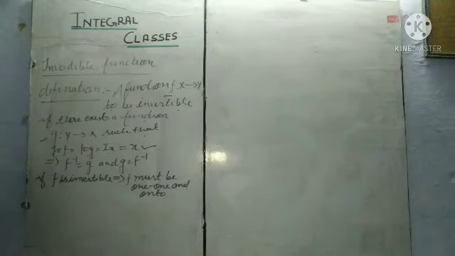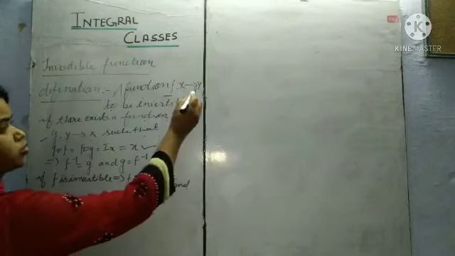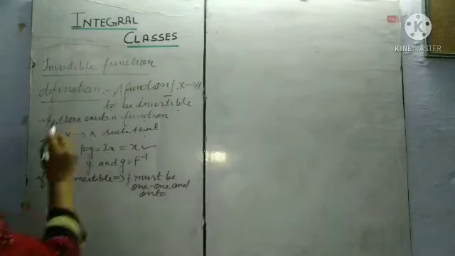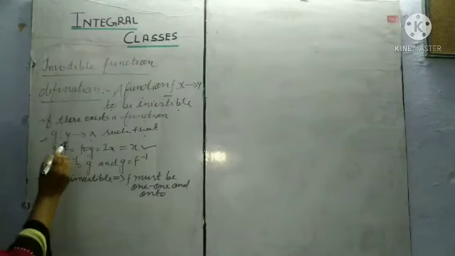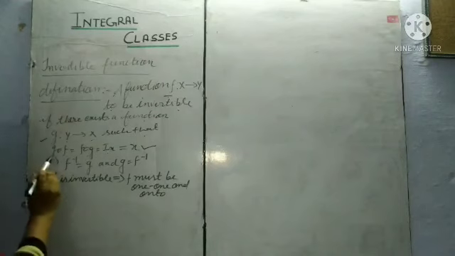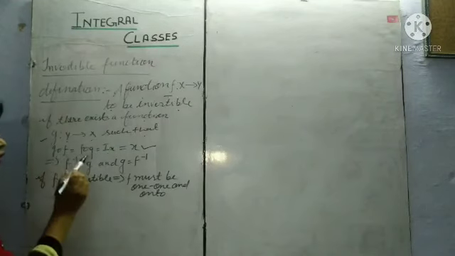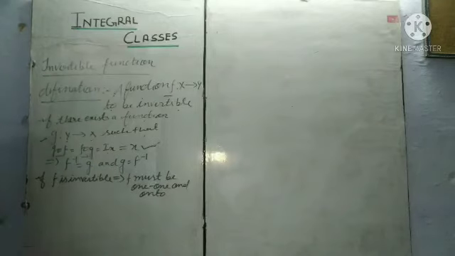Now students, a function f is given from X to Y, and its inverse function is g defined from Y to X. If we check both compositions, in both conditions we get only x.